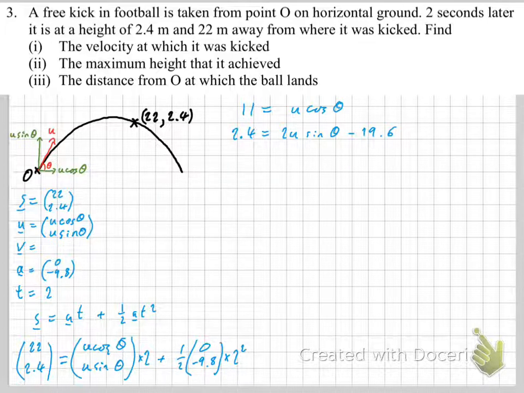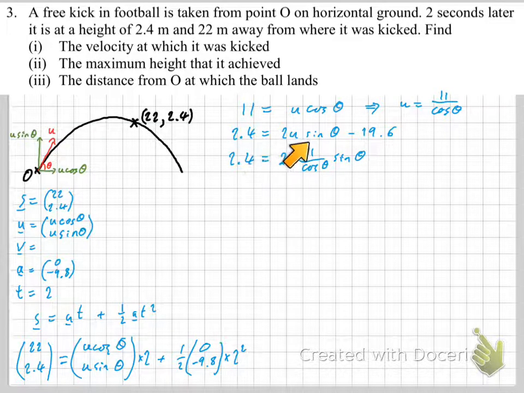Okay, the top of these two equations here can be rearranged to make u the subject. And the second equation can receive that result. Like that. Obviously I need to subtract the 19.6 still, but before I go any further, I'm actually just going to simplify that.